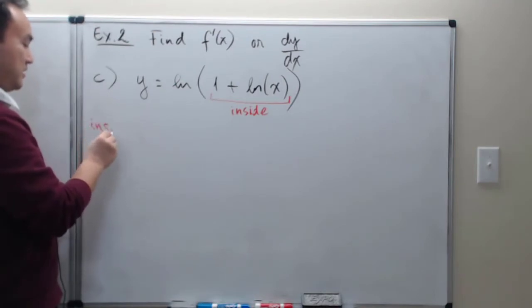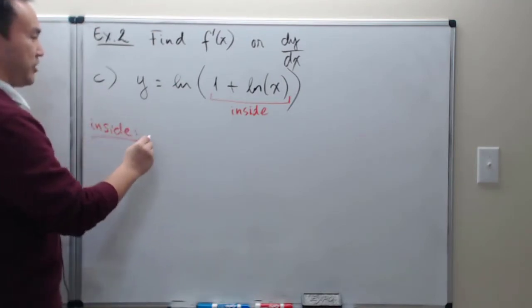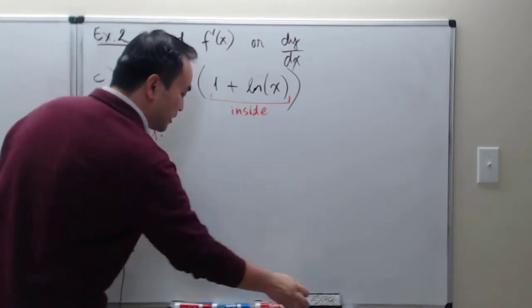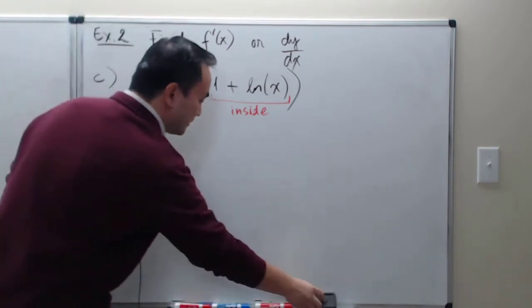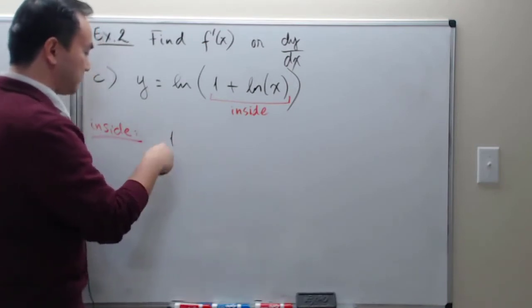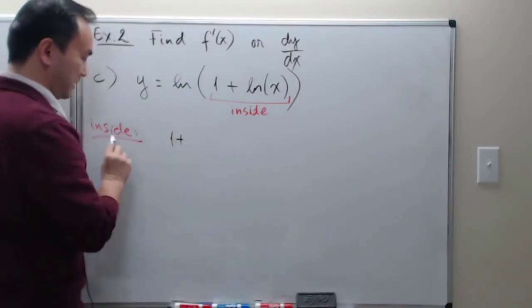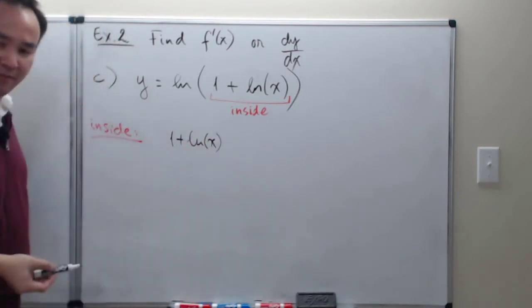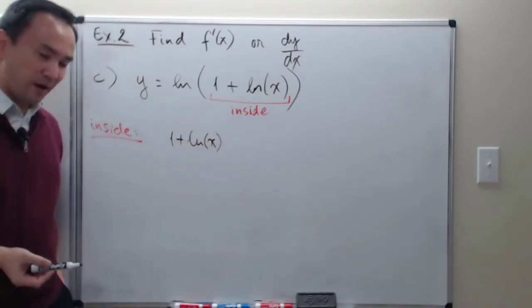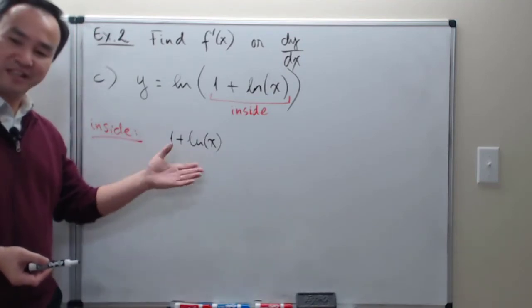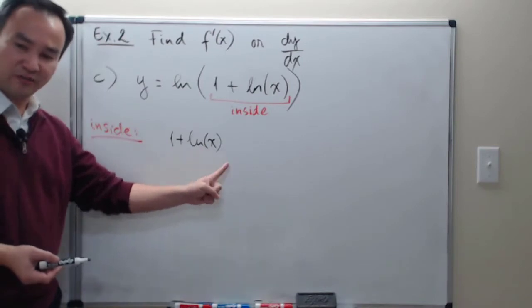Inside is the expression, and this time, let me be a little skippy on the notation. Instead of giving a new variable, I'm going to go straight to the entire expression, as I recommend, even though you have your choice of other ways to find the inside, but I highly recommend staying with this one: 1 plus natural log of x.